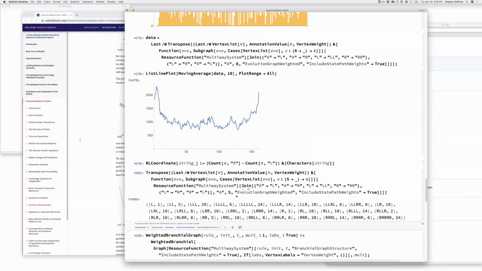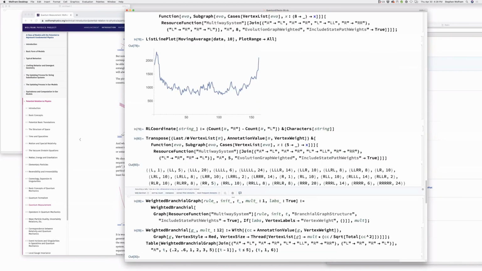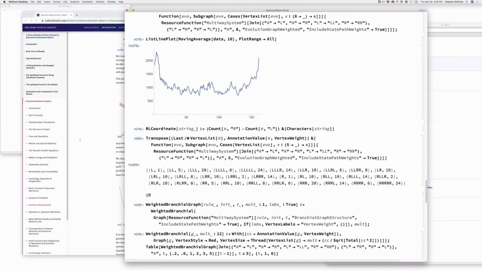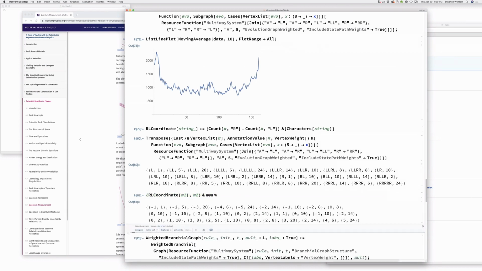Now we would be saying RL coordinate of #1, #2, that thing triple at this. So there are our coordinates and our values. But now we want to aggregate the values that we got here, right? Is there some clever way to do this with merge or group by or something?